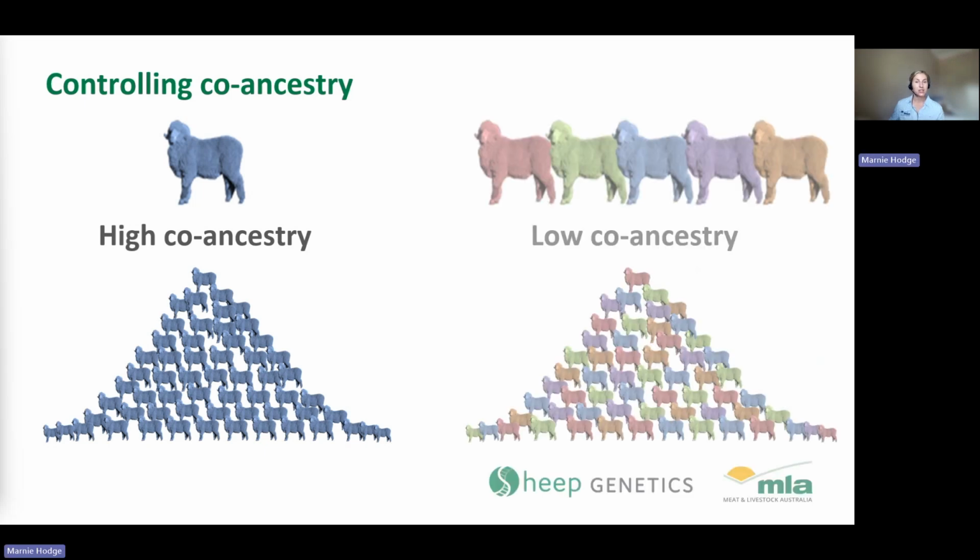Where this particular population of animals has low co-ancestry, there's more genetic diversity and greater long-term flexibility. So we want to maintain a lower amount of co-ancestry to not limit ourselves to make genetic gain in the future.